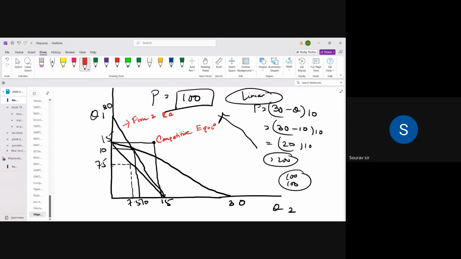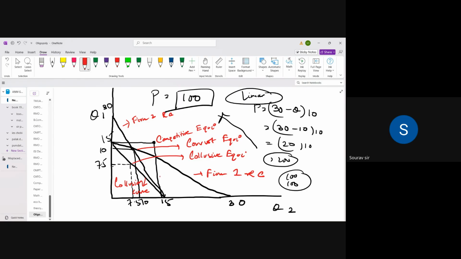This is the Cournot equilibrium. This is the collusive equilibrium. And this is your firm one reaction curve. And this is what? Collusion curve. Correct?